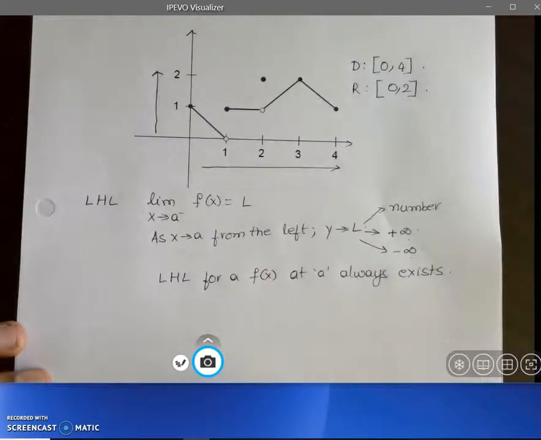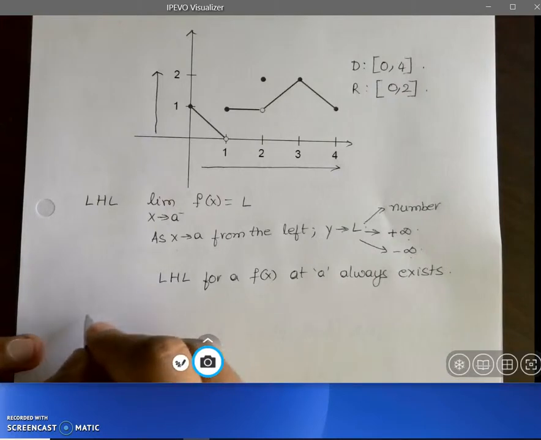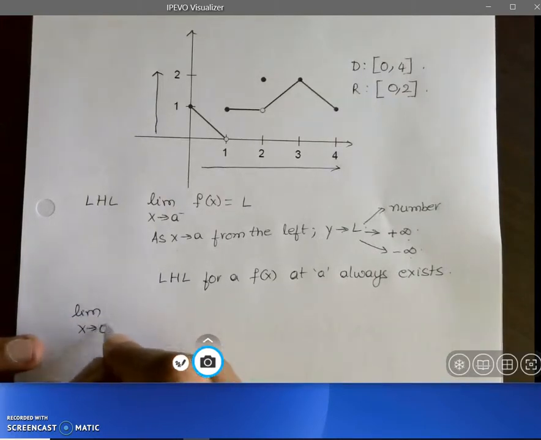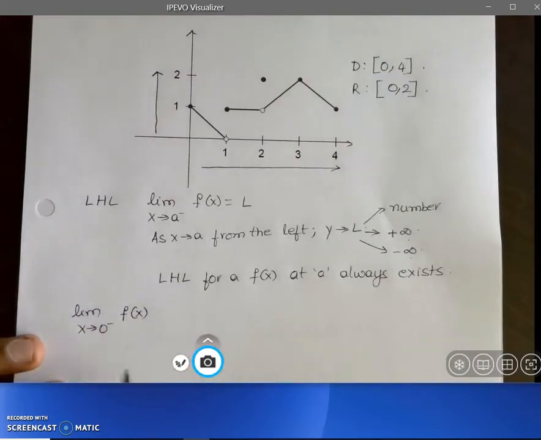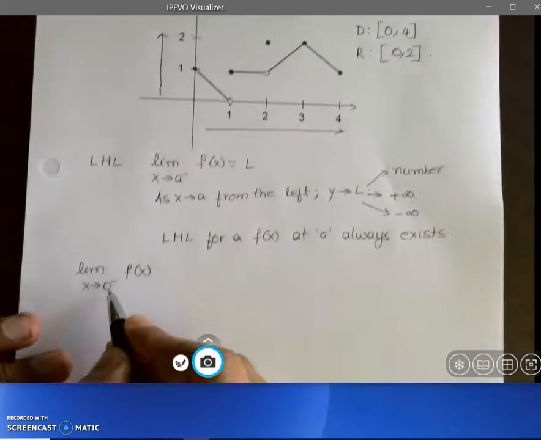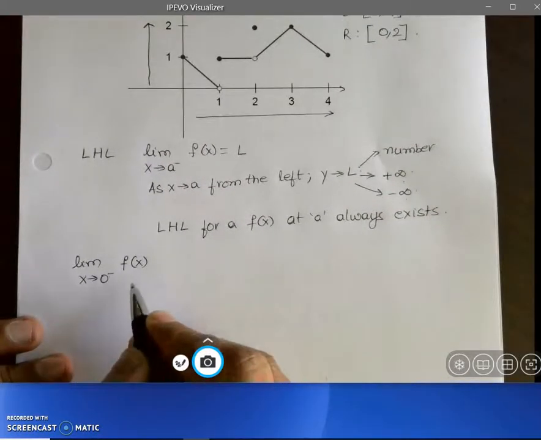Now, let's begin to find the left-hand limit in this problem. Now, we want to find the left-hand limit of the function as x approaches 0 from the left. The minus sign on the superscript indicates the left-hand limit.